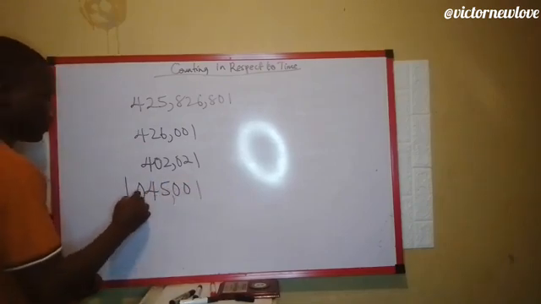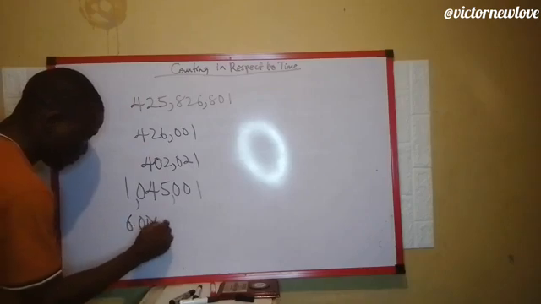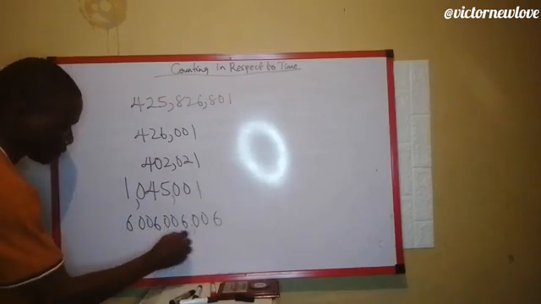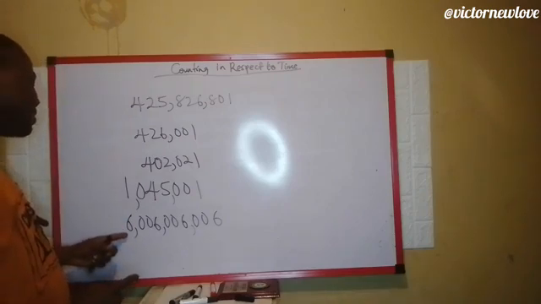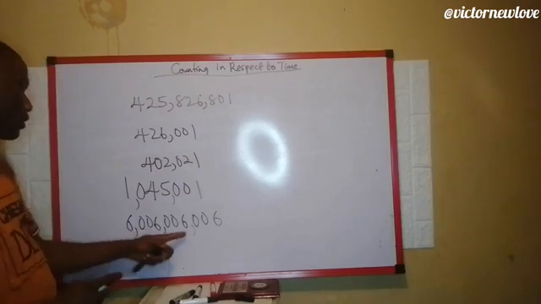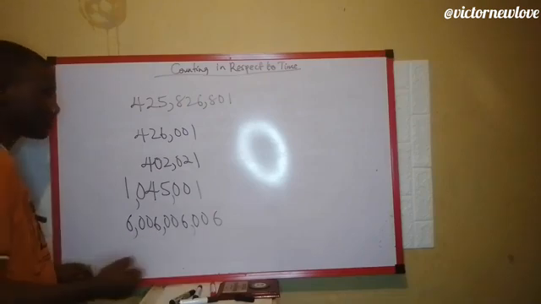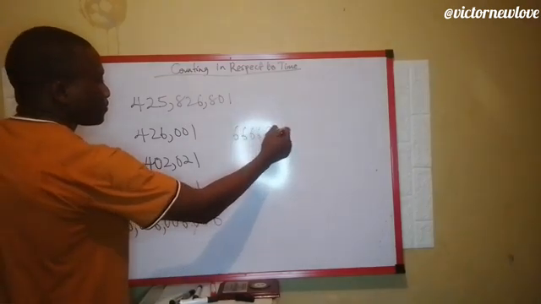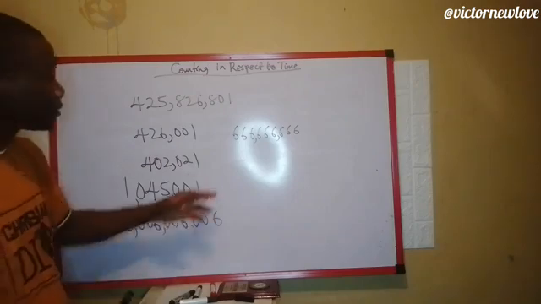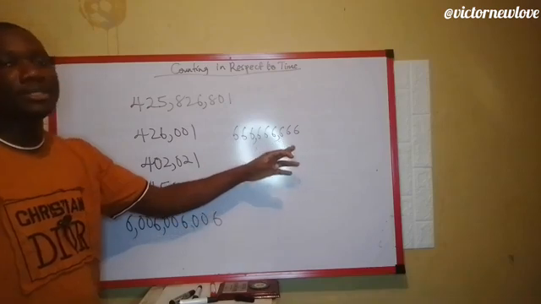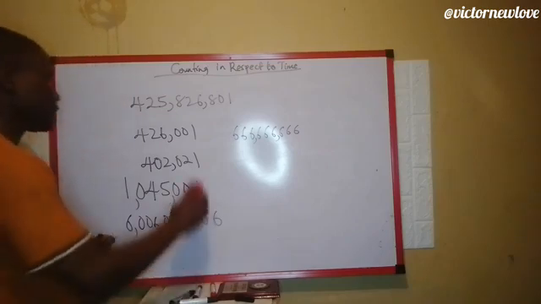In this case, 1,045,001. In this case, we have 6 billion, 6 million, 6,000 and 6: 6,666,666,666. So take note of this.